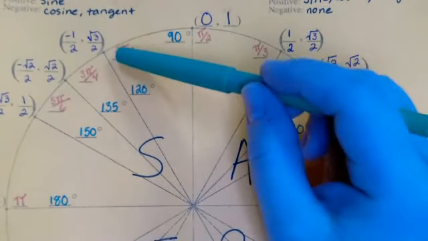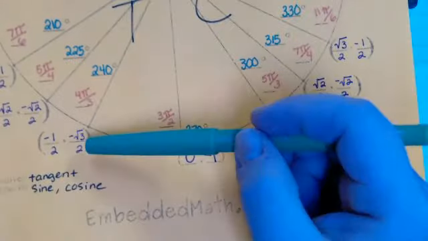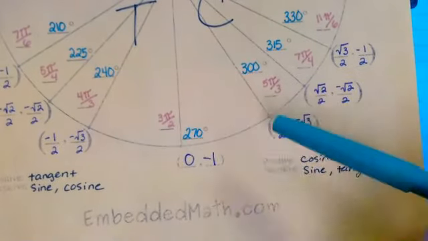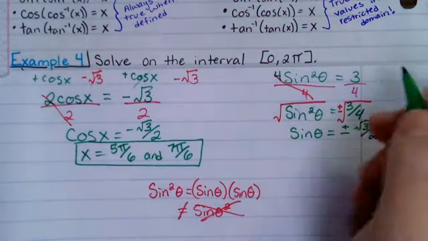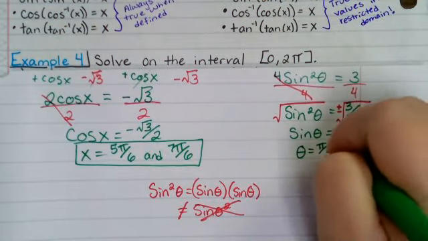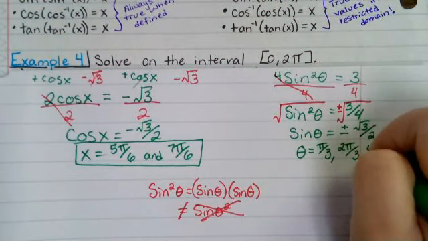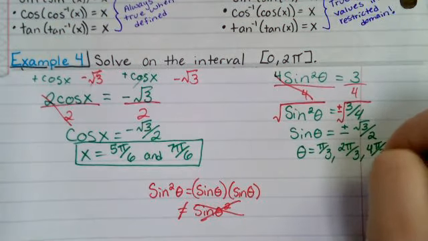I see it at 2 pi over 3. Those are positive root 3 over 2, but remember negative as well. So we're going to be down here at 4 pi over 3 and 5 pi over 3. Those are all of our answers: pi over 3, 2 pi over 3, 4 pi over 3, and 5 pi over 3.